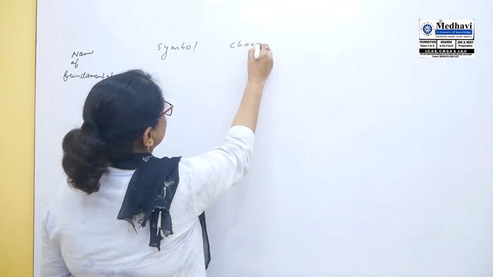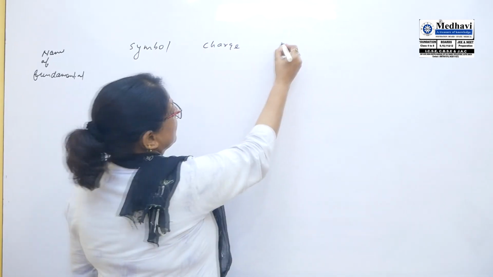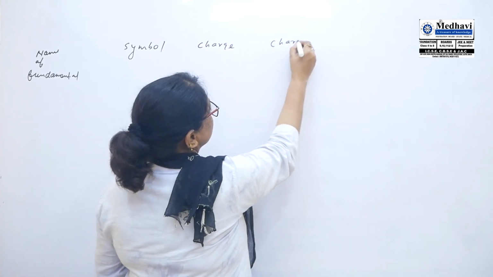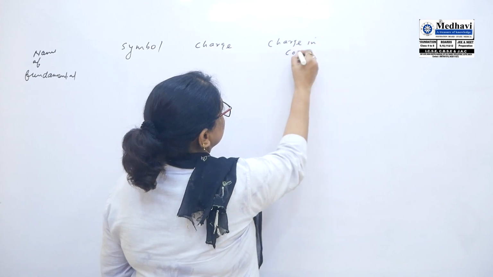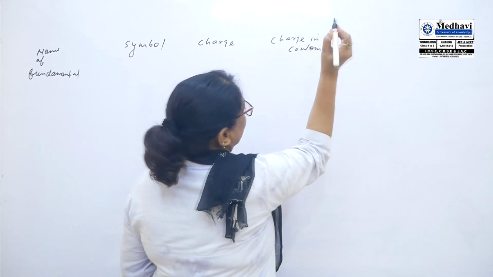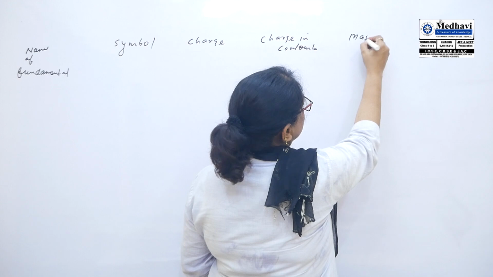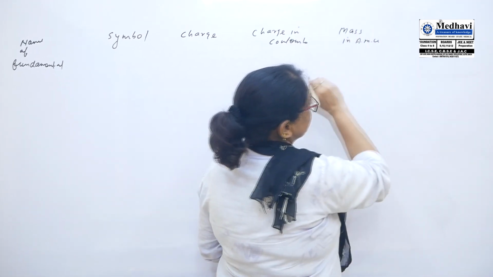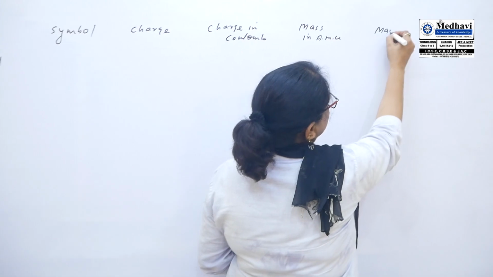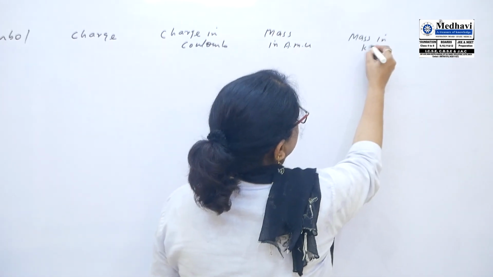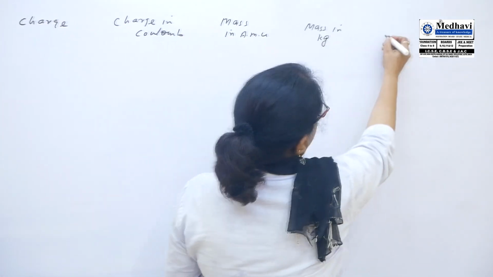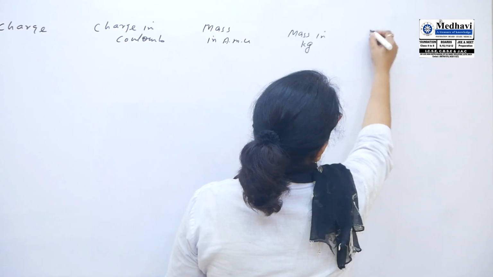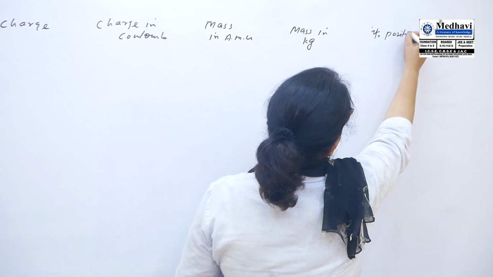Charge. Charge in coulomb. Mass in AMU. AMU is the atomic mass unit. Mass in kg. And its position. Very important.